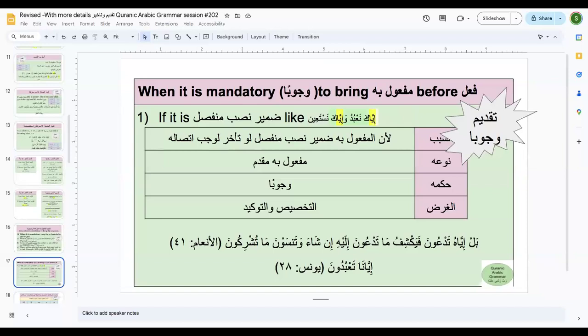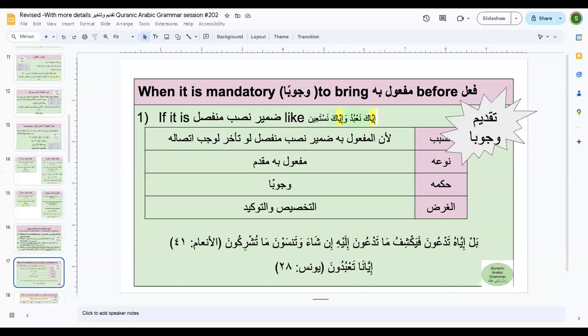If your maf'ul bihi is damir nasb munfasil, it is mandatory for it to be before the fi'l. Everyone with me? Why is it so? Because it is an independent pronoun. An independent pronoun must be before the fa'il.